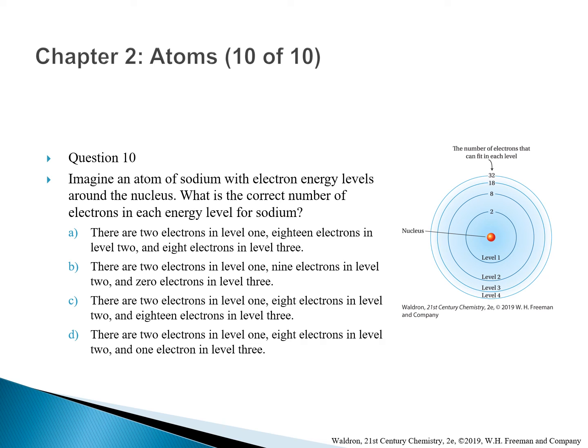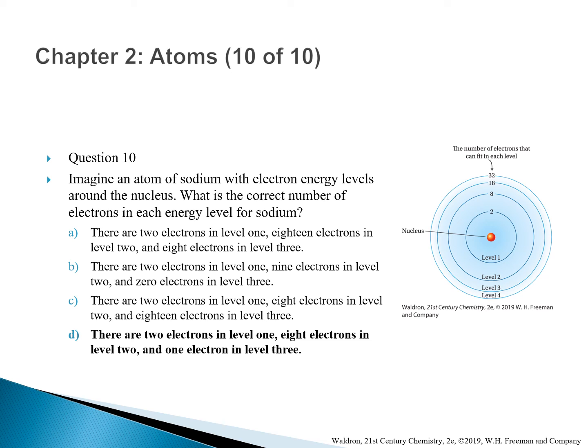B, 2 electrons in level 1, 9 electrons in level 2, 0 electrons in level 3. C, 2 electrons in level 1, 8 electrons in level 2, and 18 electrons in level 3. D, 2 electrons in level 1, 8 electrons in level 2, and 1 electron in level 3. Please pause your video here.